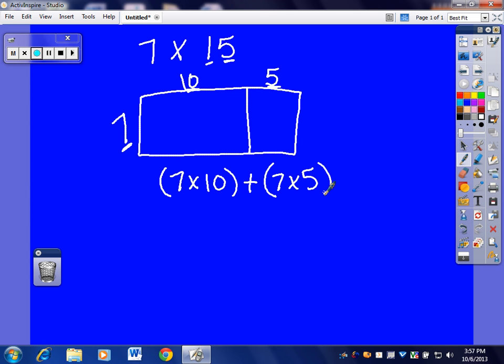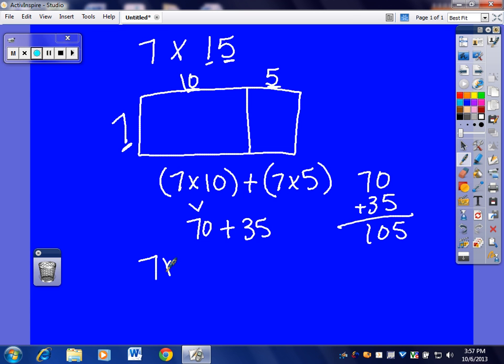All I have to do is multiply. 7 times 10 is 70, plus 7 times 5 is 35. So now we've just got to add 70 plus 35, and I get 105. So I know that 7 times 15 equals 105.